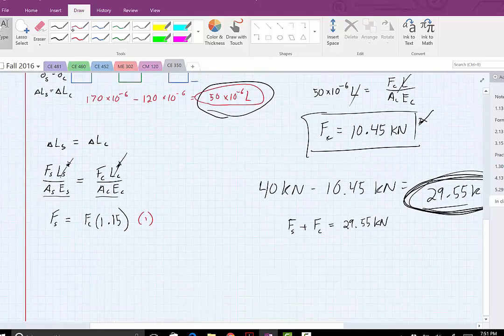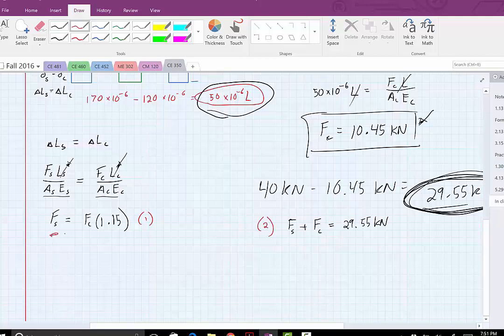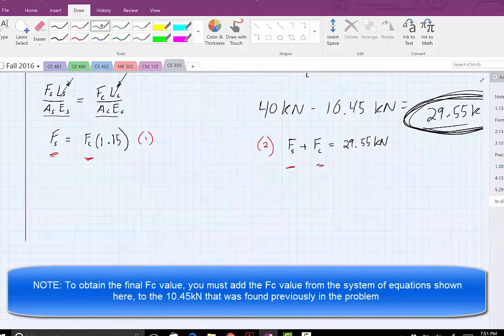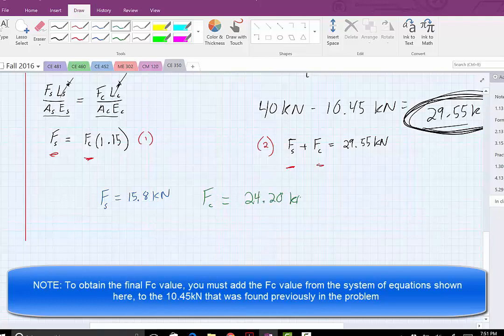So here we have equation 2. Two equations, two unknowns. We can solve it pretty readily, and you should end up with the force applied to the steel equaling 15.8 kilonewtons, and the force applied to the copper equaling 24.20 kilonewtons.